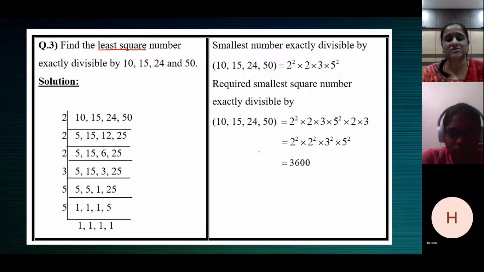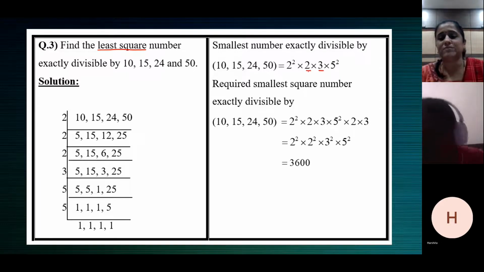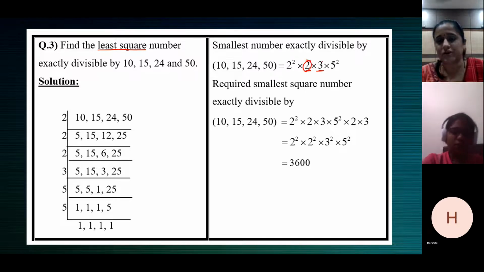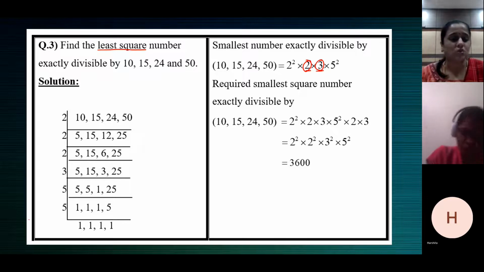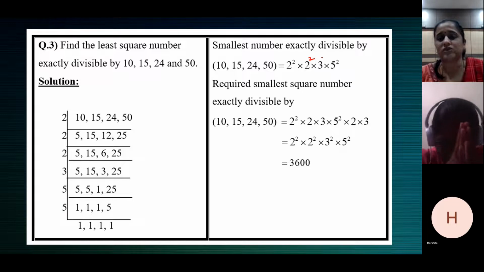Disable your mic, Harshita. The question is find the least square number. So after finding the LCM, what do you observe? The prime factors 2 and 3 do not occur in pairs. You want them to look like 2 square and 3 square.